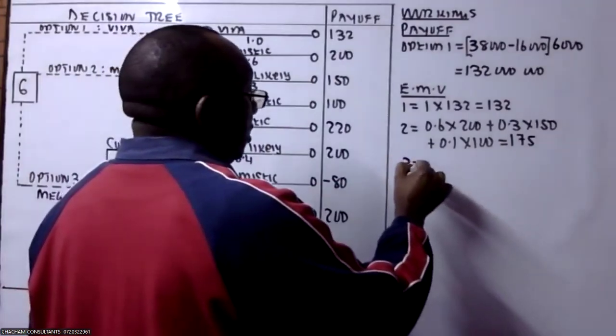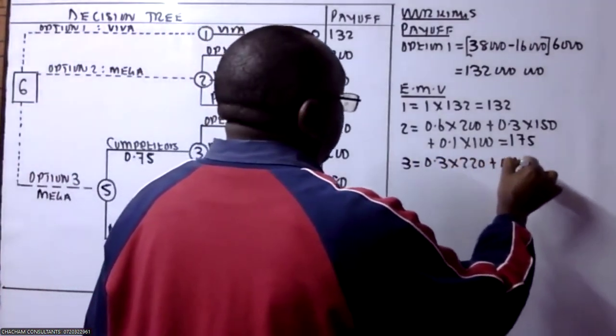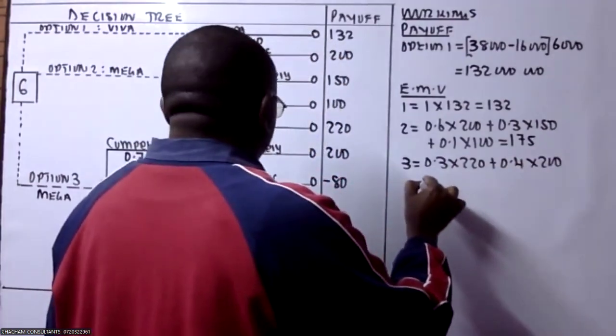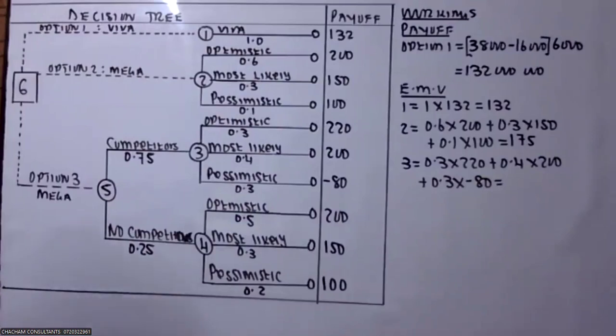Now, number 3, it is 0.3 times 220 plus 0.4 times 200 plus 0.3 times negative 80. That is 122.